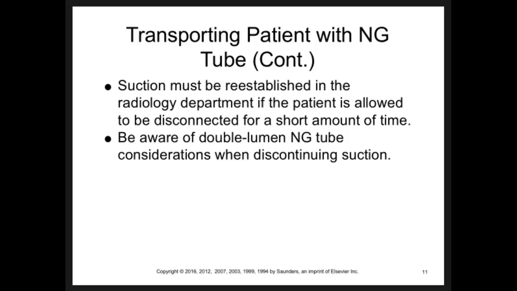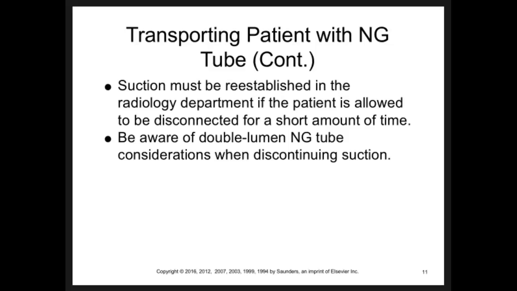Typically, there's going to be an anti-reflux valve that should be used on the air vent side, and when you disconnect from the suction, you can loop that around and connect the other end of the anti-reflux valve into the clear tube, the part of the tube that was disconnected from the suction.